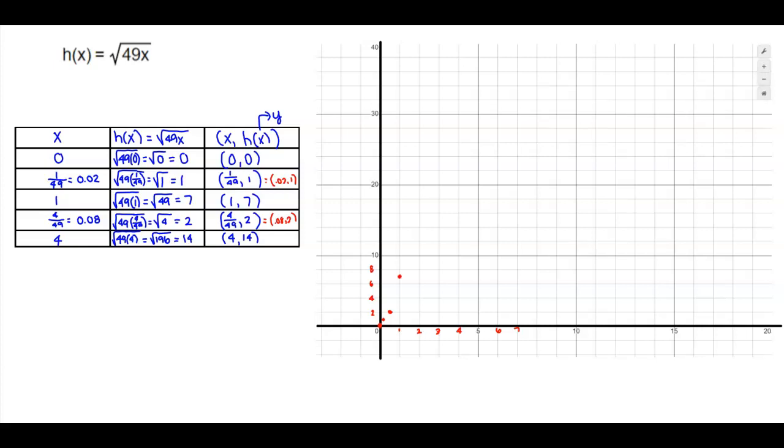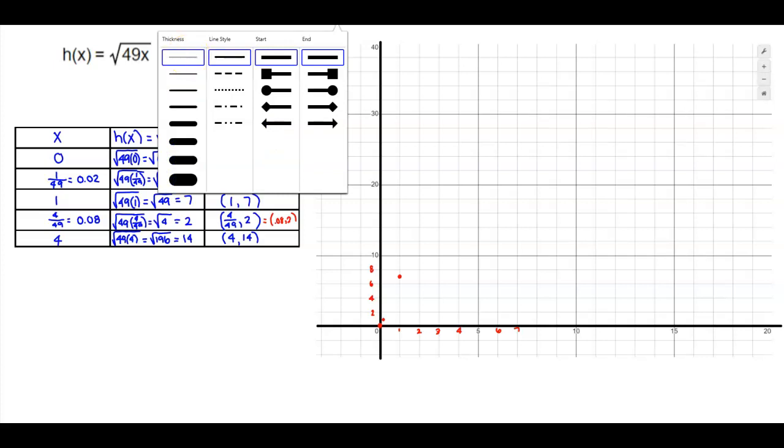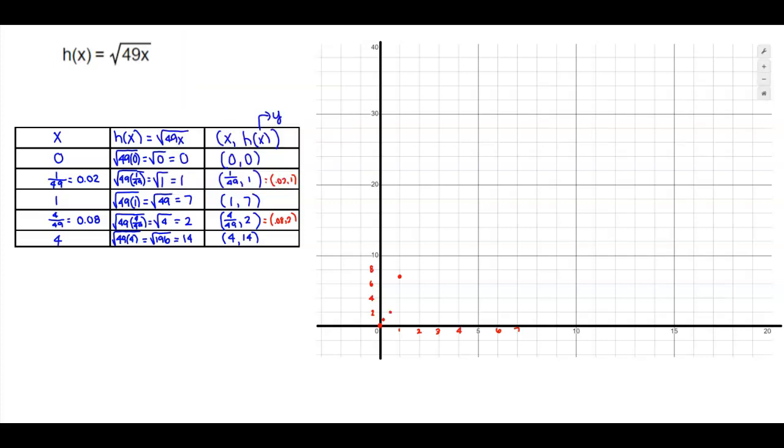Let me kind of move this over just a little bit there. And then we have 1, 7, and then we have 4, 14. So this is 10, 12, and then that's 14. So what's happening here is that we have the following graph. Okay, it looks like this graph is starting at 0, and it's going in that direction. So there is our graph.